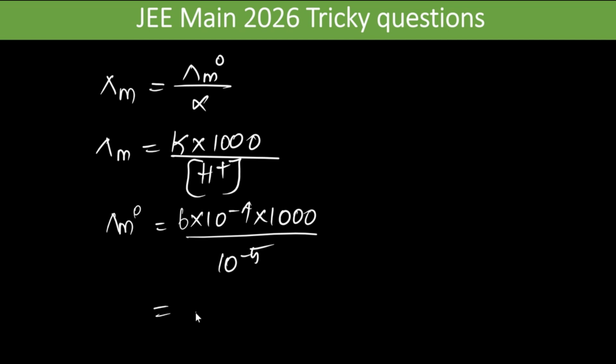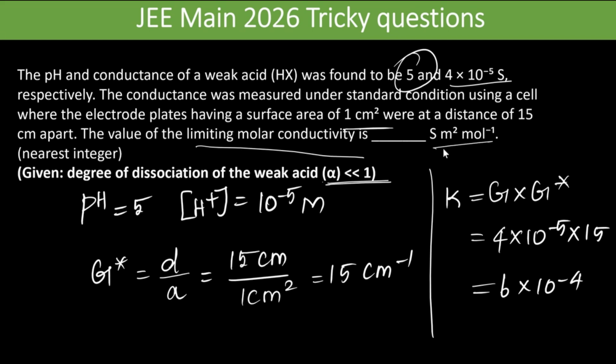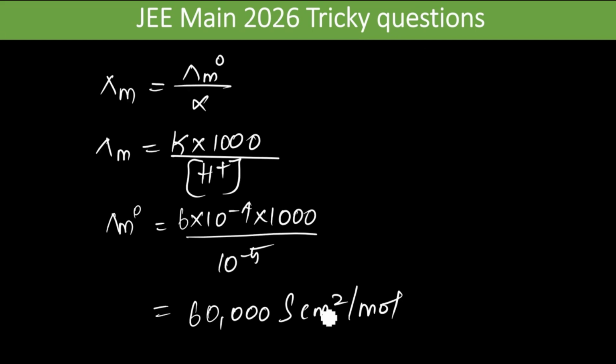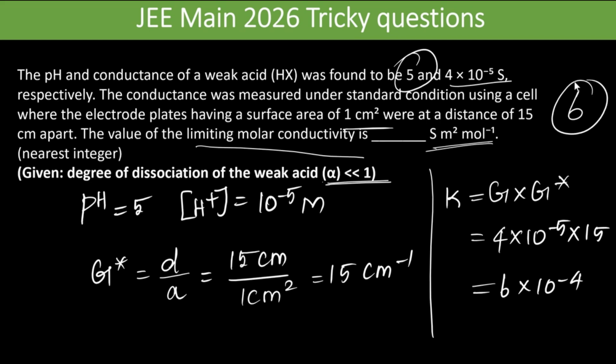So which will give you 60,000 Siemens centimeter square per mole, right? But what they are asking is Siemens meter square per mole. So convert centimeter to meter. This question becomes 6.